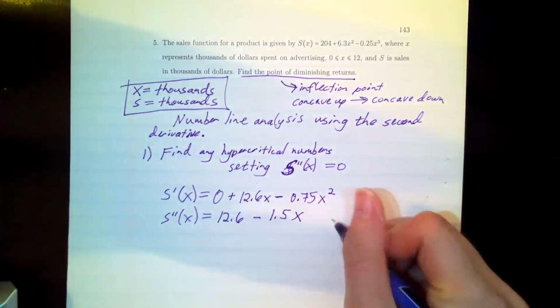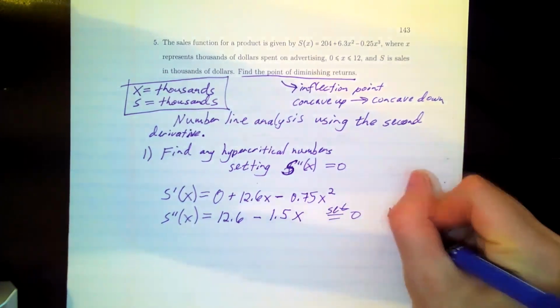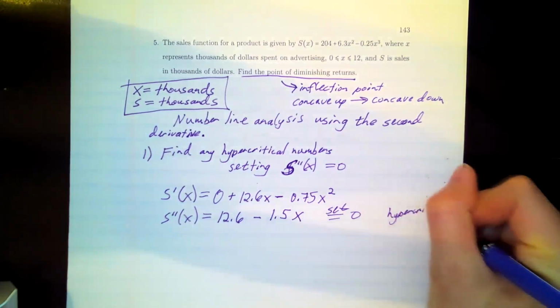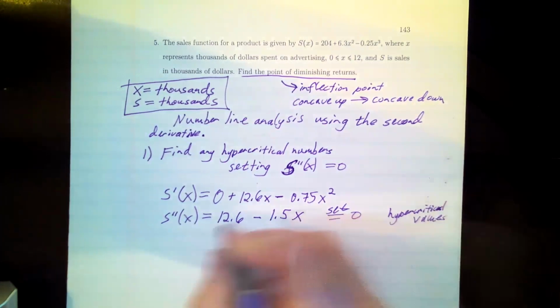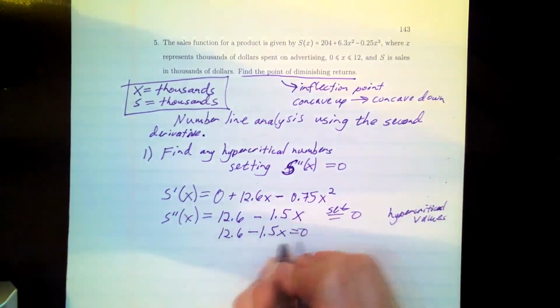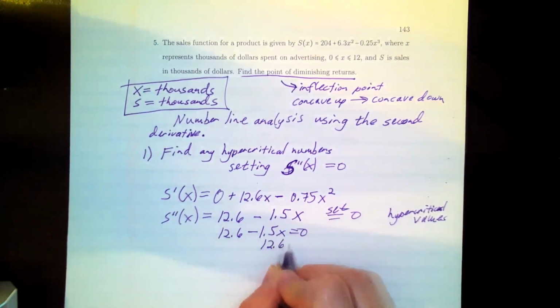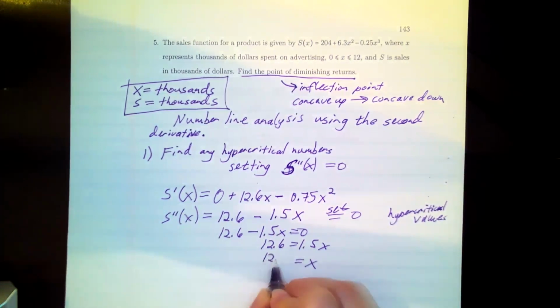You take your second derivative and you set the second derivative equal to 0 to get your hypercritical values. Those are my potential inflection points. So let's solve this. Add the 1.5 to the other side. Divide both sides by 1.5. I get x is 12.6 divided by 1.5.